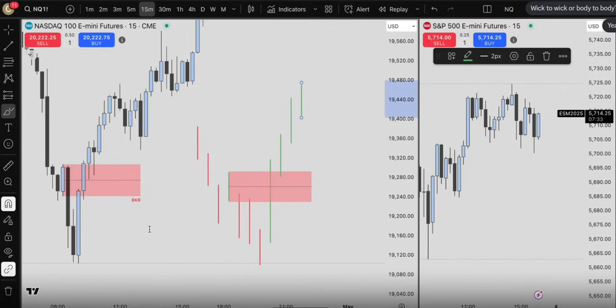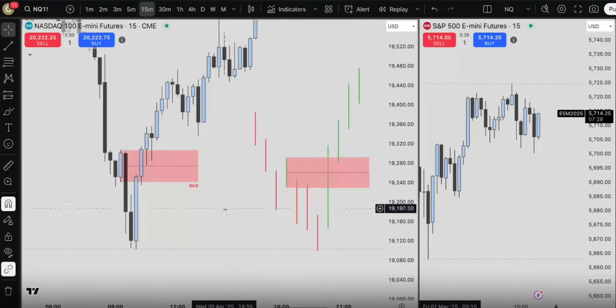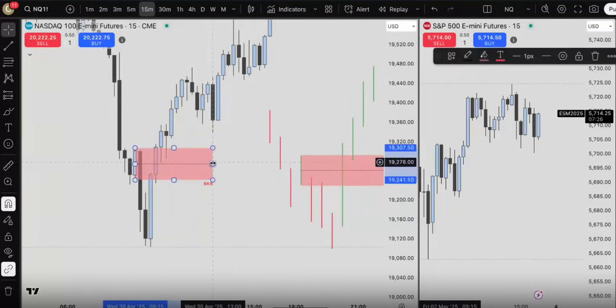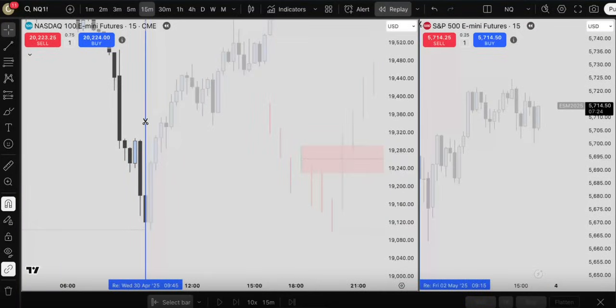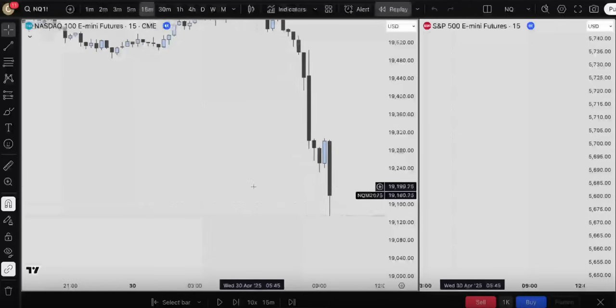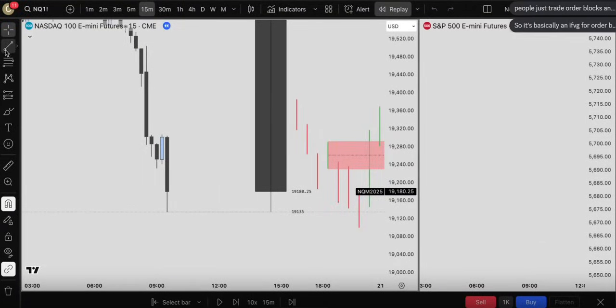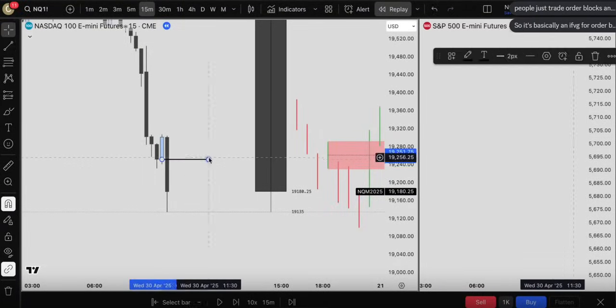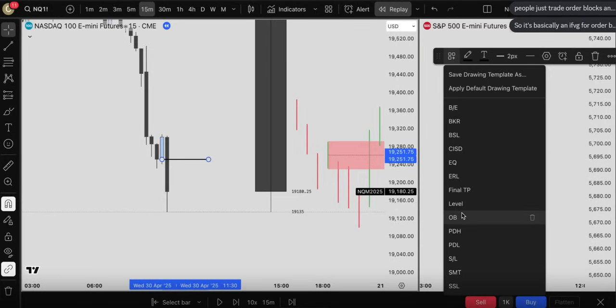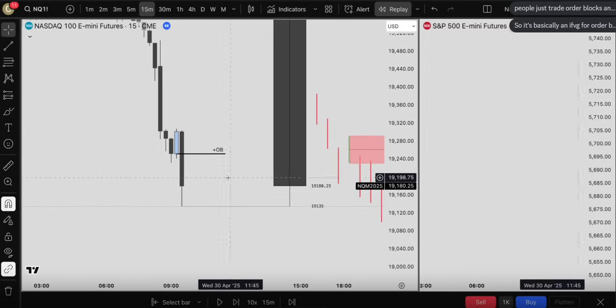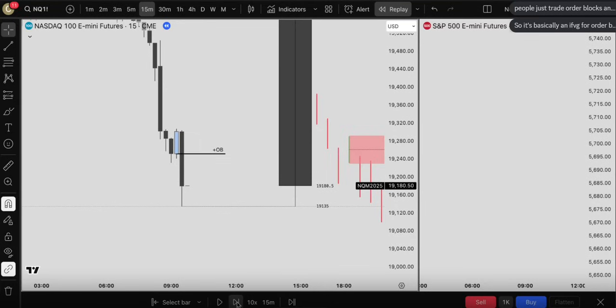Now let me show you on the chart. So this was the order block. This right here pulled into this fair value gap, created this order block with the body. What happens?